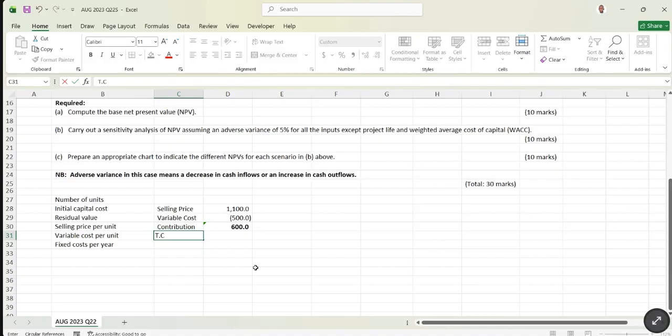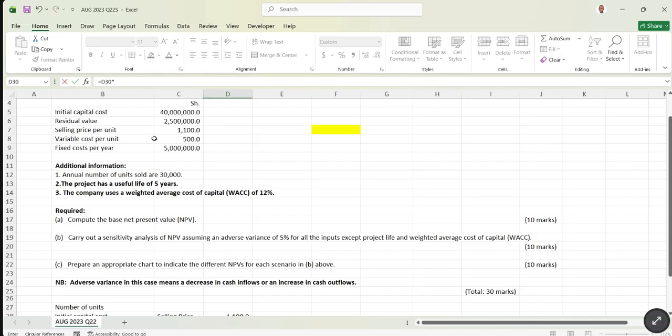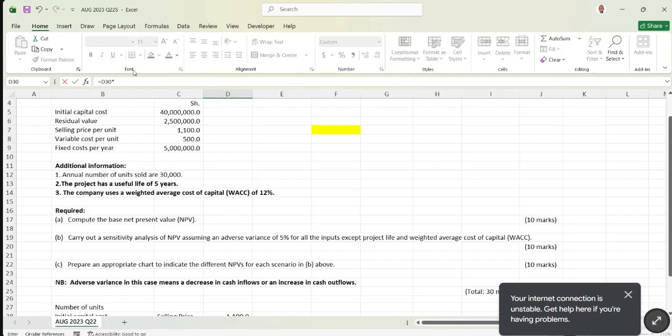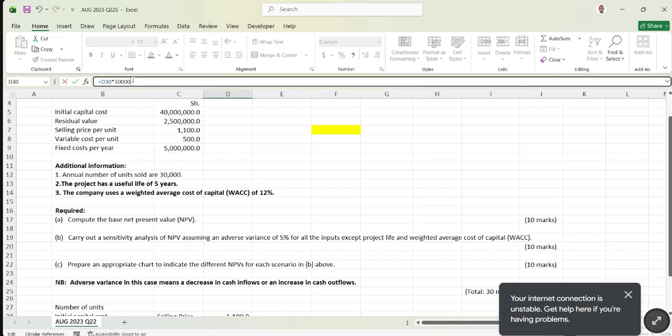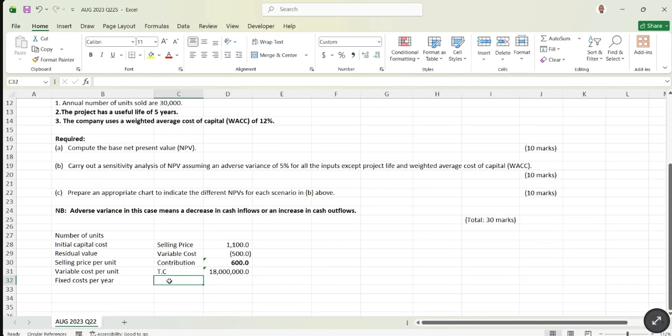So total contribution will be equivalent to the contribution per unit multiplied with the number of quantities, which is 30,000. After we get that, we less fixed costs. How much is the fixed cost?